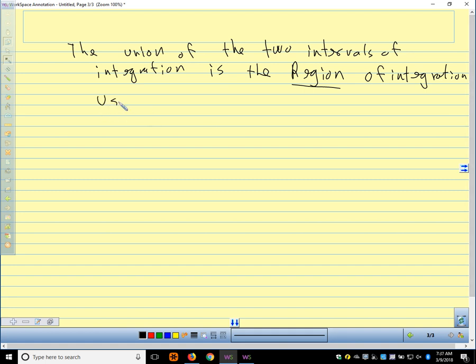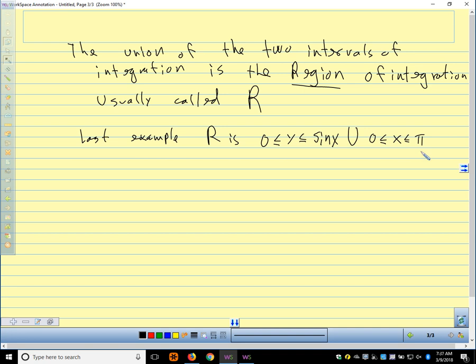And we usually call it R, R for region of integration. In the last example, R is 0 less than or equal to y less than or equal to sine x, union 0 less than or equal to x less than or equal to pi.